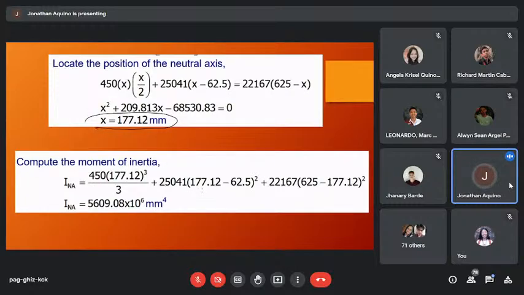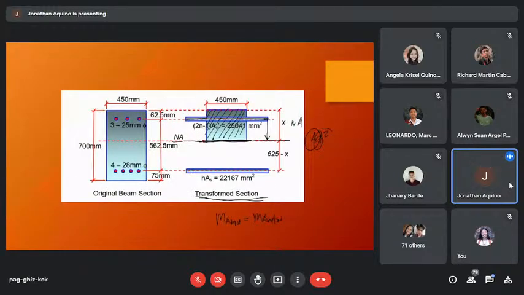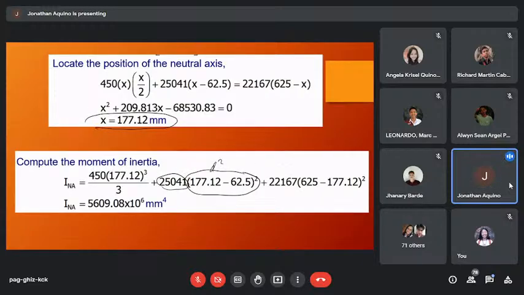So the area of the compression steel is 25,041 times D squared, where D is the distance of the steel to the centroid, plus the moment of inertia of the equivalent tensile reinforcement, which is also equal to AS times D squared.